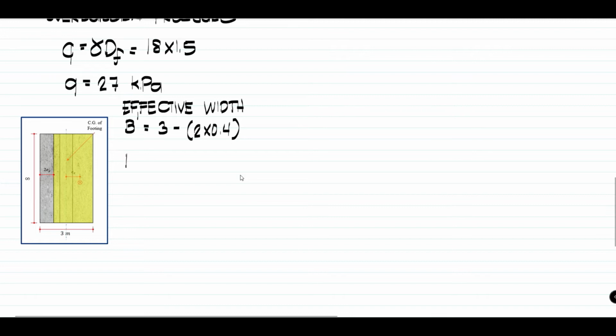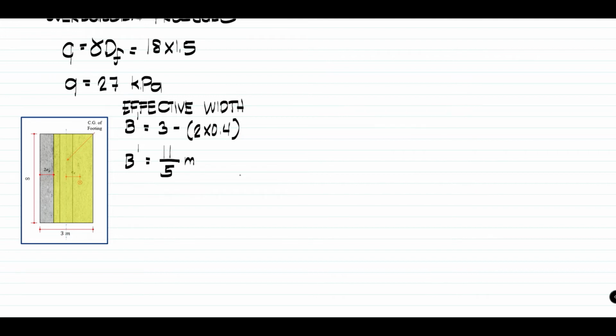Then, we have here the B prime which is equivalent to a value 11 over 5 meters. So, that will be the effective width coming from the principle of the Meyerhoff's effective area method.